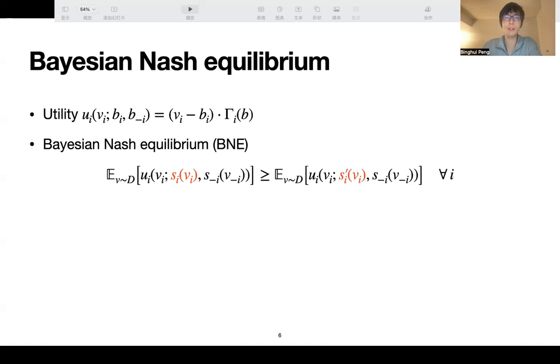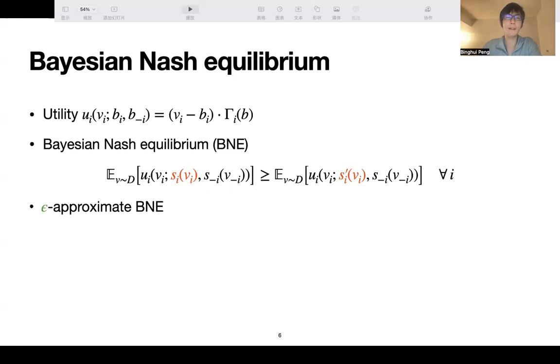In a Bayesian Nash equilibrium, the strategy profile guarantees that for each player i, it does not have any incentive to deviate from its current strategy, given other players' strategies are fixed. That is, deviating to another strategy would not increase its own utility.